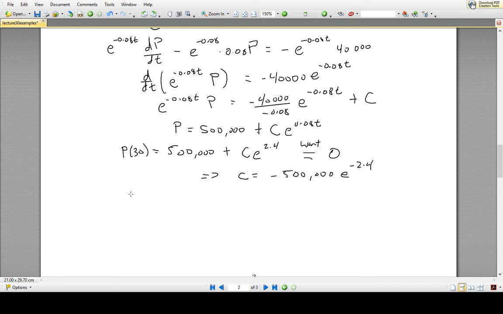So at the end of the day, P of t, the value of this portfolio at any given time t, is 500,000 minus 500,000 e to the negative 2.4, so that's C, times e to the 0.08t.